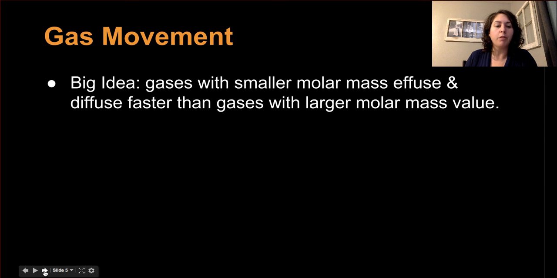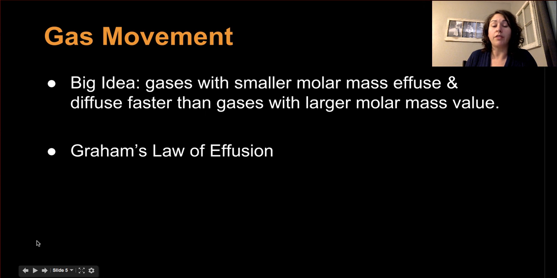Somebody came up with an understanding of this. It's called Graham's law of effusion, and there's a definition for it, but I like the equation a little bit more. I'm going to show you what that equation looks like. I don't have it digitally made.